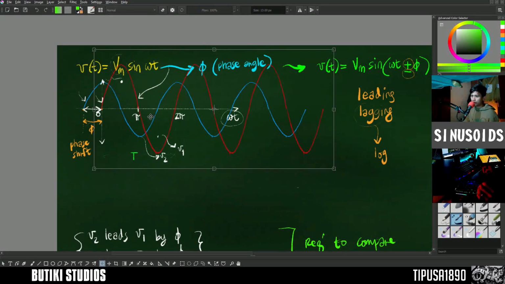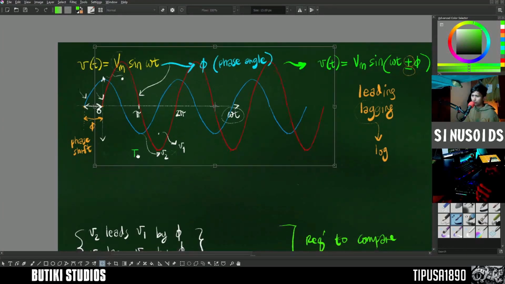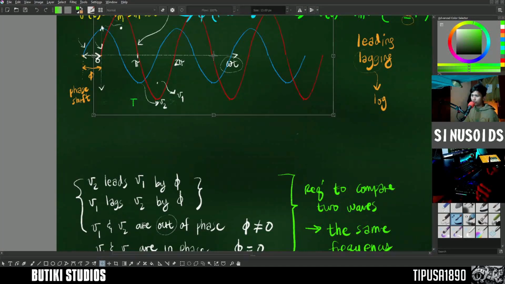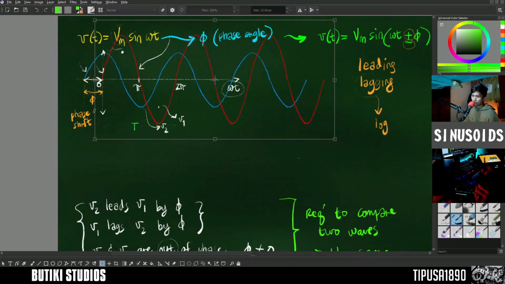So by this, blue and red are separated by phi, or so to say, V1 and V2 are out of phase, or V2 leads V1 by phi, or blue leads red by phi, or red lags blue by phi.